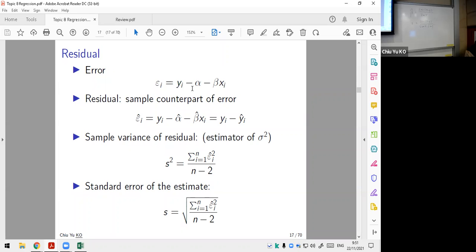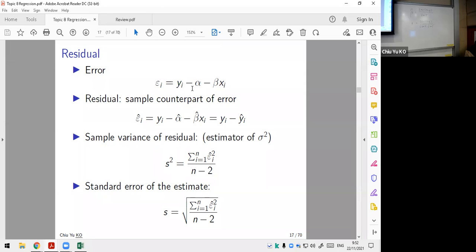I didn't write it here, but you should see that the mean of the error is 0, because you are making sure the up and down will be the same, so you should expect the mean of the residuals to be 0.